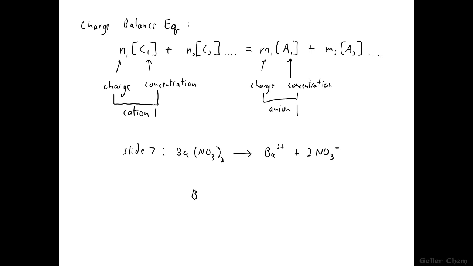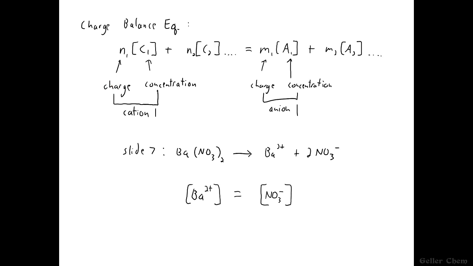We'd have some concentration of positive charge coming from these Ba2 plus ions. Let's not worry about the coefficient yet. And that must equal the total negative charge coming from these NO3 minus ions. Now we toss in the coefficients, which again are based on what the charge of the ion is.